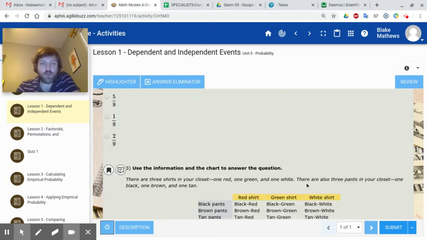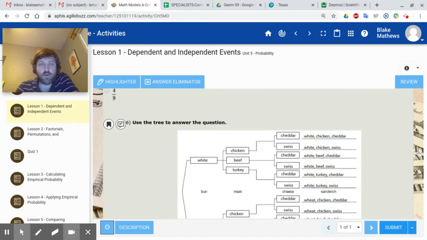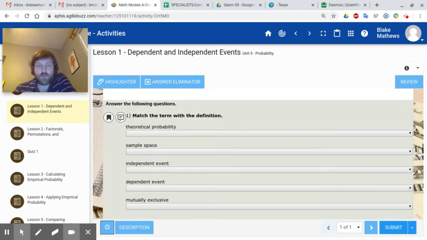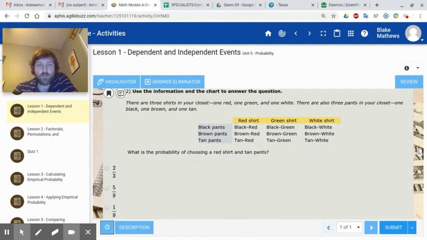Here in number two, and I think number three, number four, all five all have the same. So we're looking at this table right here. I skipped the vocab, but you can do that on your own. But they're wanting to know the probability of choosing one particular combination.